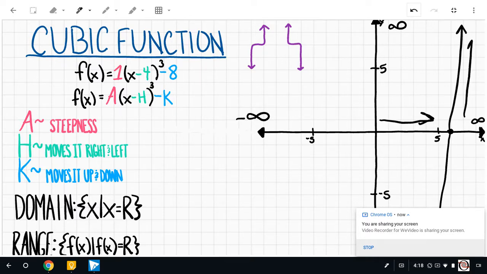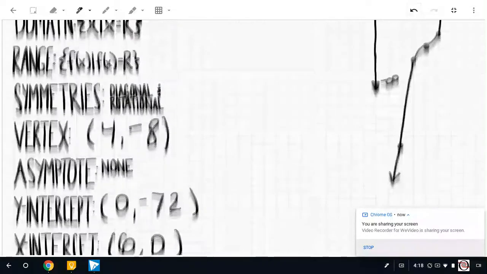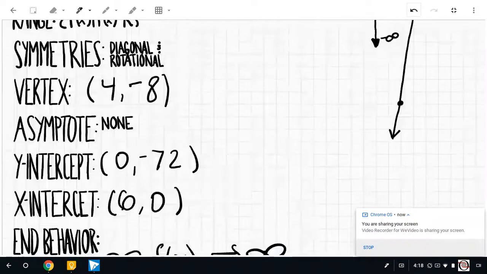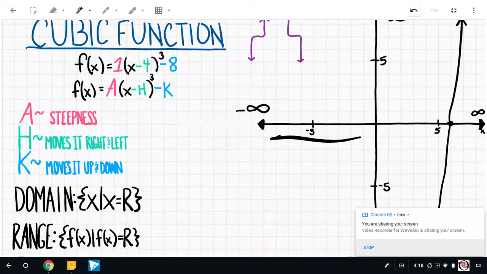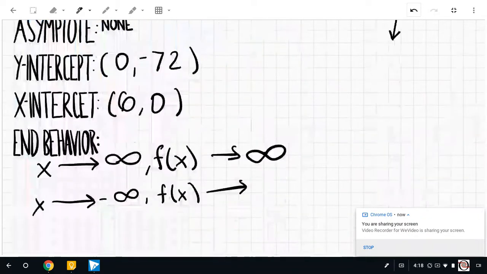And you can see that y is going up. So y is approaching infinity. And as x is going to the left, y is going down. So it's approaching negative infinity.